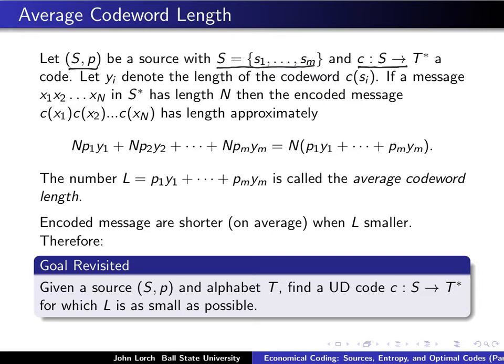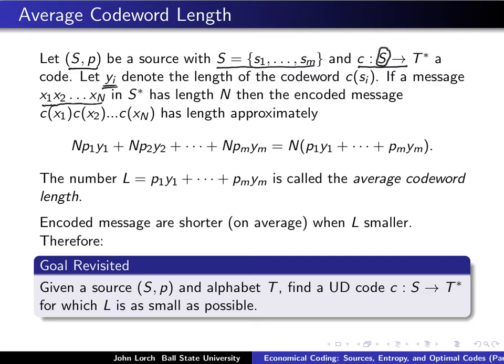This code takes letters in S to strings on the alphabet T. And we let y sub i denote the length of the code word associated to the letter s sub i. Suppose we start with a message of length capital N in S star.